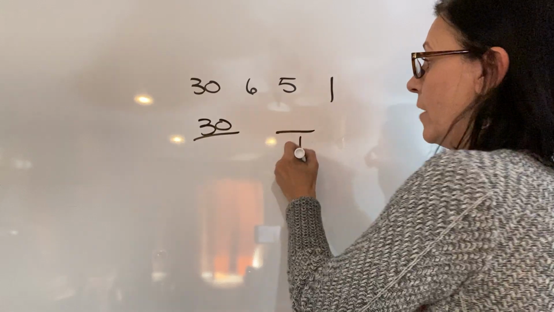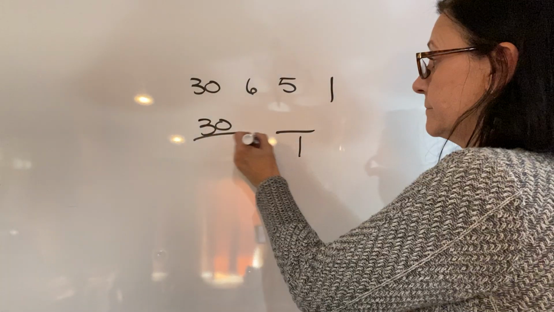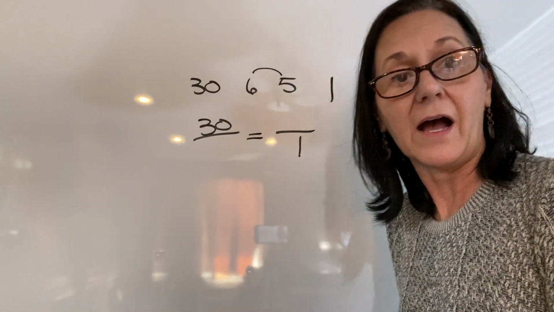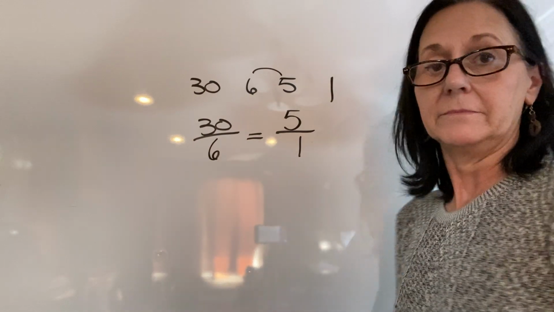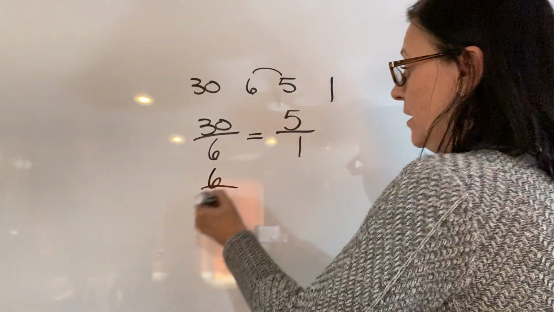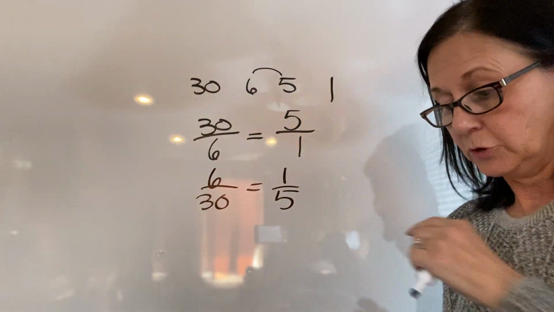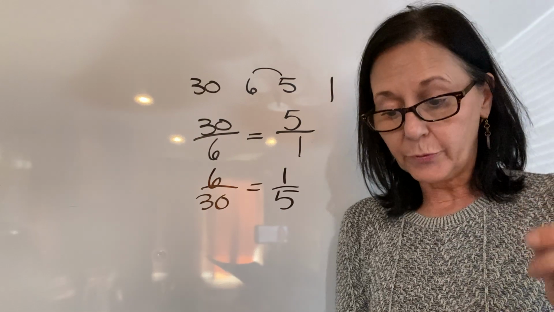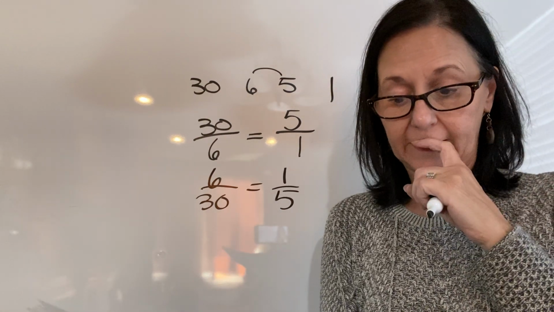So I want them to be crisscross, right? I know 6 times 5 is also 30. So I want to multiply them that way. So I could write it like this, or I could write it 6 over 30 equals 1 over 5. As long as I know, I'm looking at the products to see if the products are equivalent.